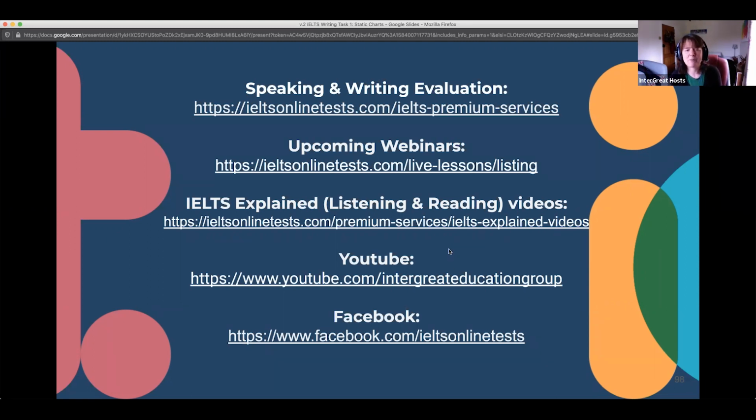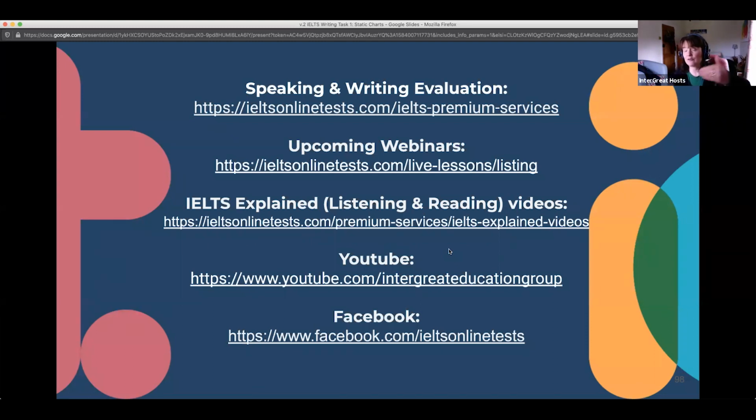Anonymous is asking about minus marks. It's not really a question of minus marks. We have bands, okay, and the examiner looks at your writing and compares it to a specific band score. The band scores go from 1 to 9, and each band compares to a certain ability in English, okay?